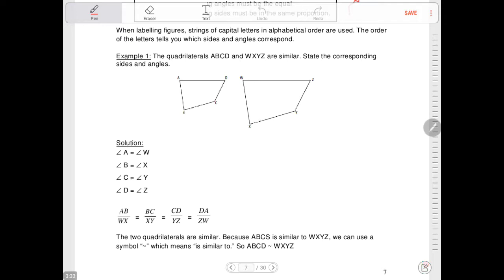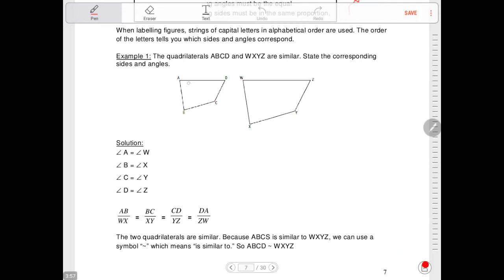Now it says here that the quadrilateral ABCD, which would be on the left, and WXYZ are similar. That one would be on the right. State the corresponding angles and sides. Well, this one's pretty easy because if you look at it, there's no doubt they are different sizes. One's been enlarged over the other, but the relative position is about the same.